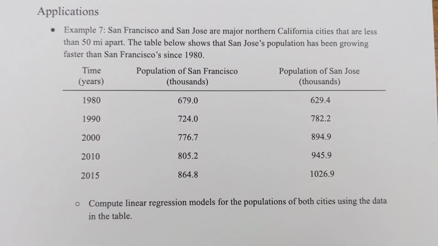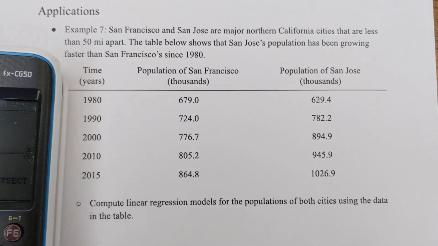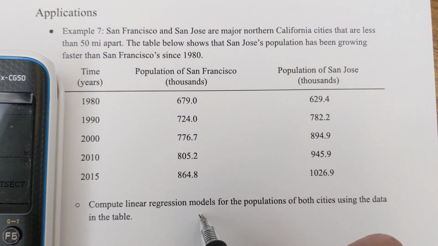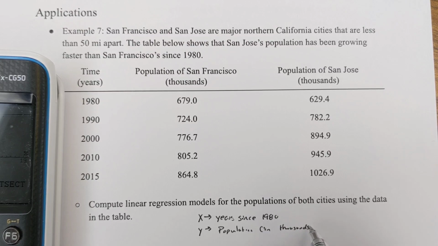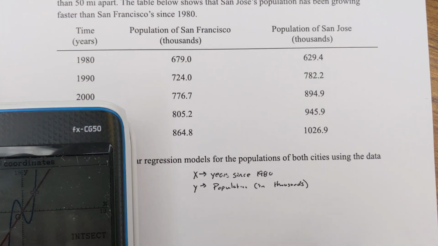Okay. So our x value is going to be years since 1980. Our y value is going to be the population in thousands. So I'm going to let my calculator actually handle the linear regression.